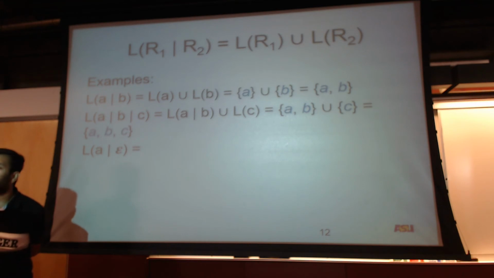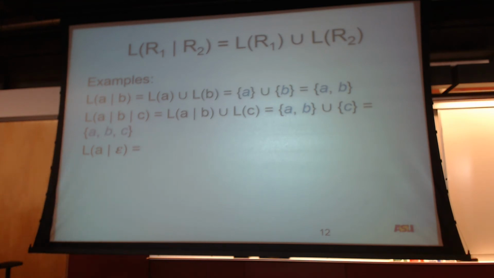This is not the same as LA. This set is A comma epsilon, whereas LA is just A. It does not have the empty string. The cardinality of LA bar epsilon is 2 and the cardinality of LA is 1. So these are two different sets.